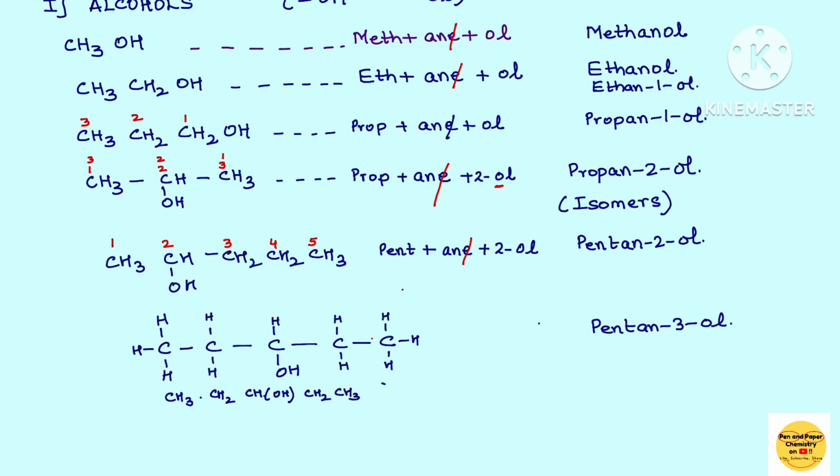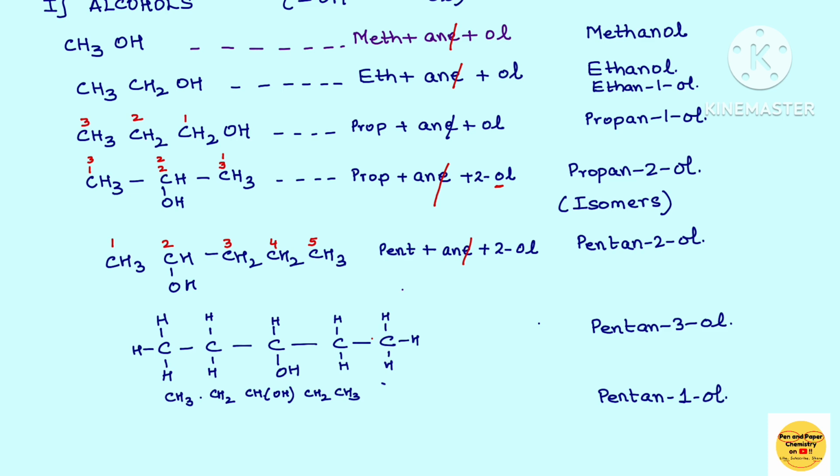Can you tell me one more isomer of pentane 2-ol? So we've got pentane 2-ol and pentane 3-ol as isomers. What one more? Yes, you got it right. Pentanol. Now your homework is to give me the structure of pentanol.